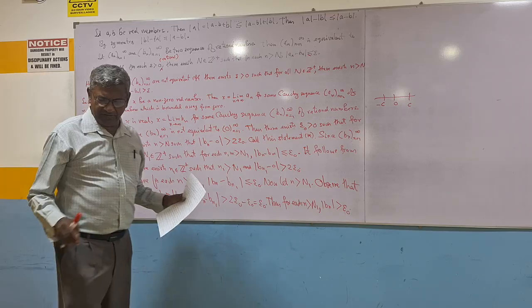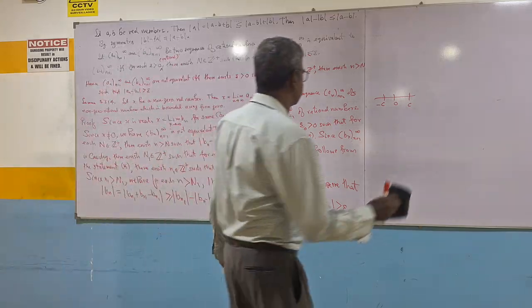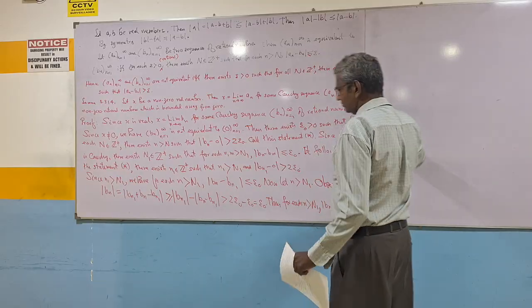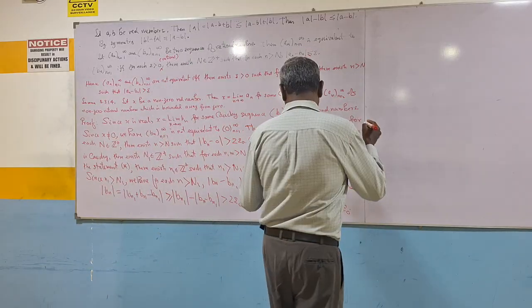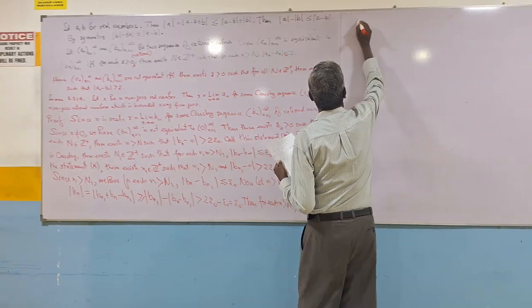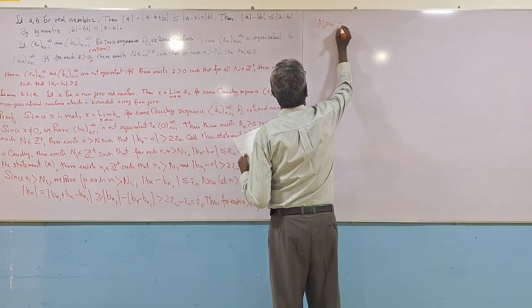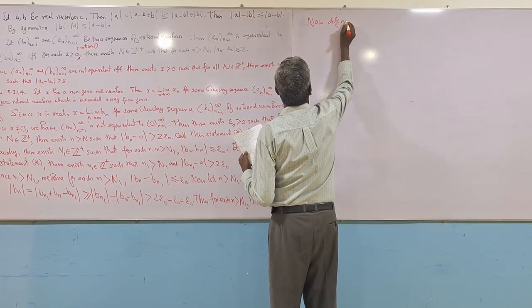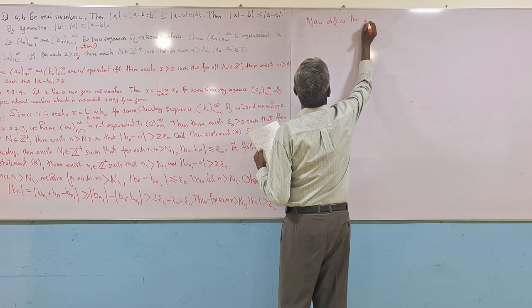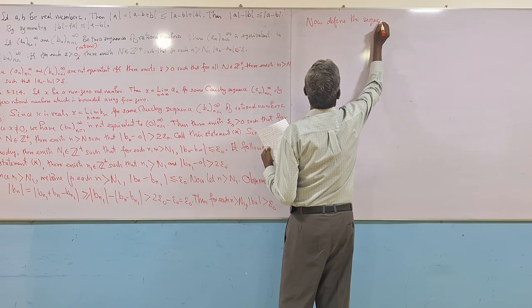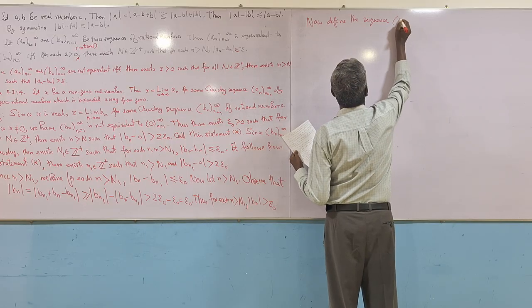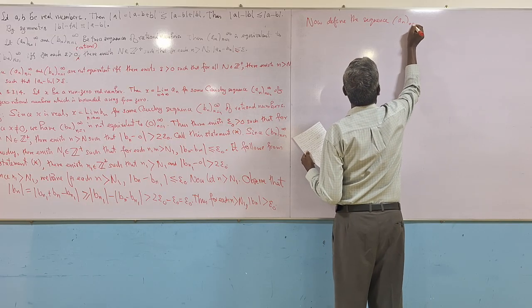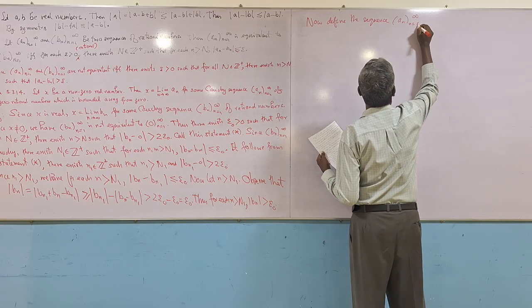So now what I will do is define a sequence, An, n going 1 to infinity, as follows.